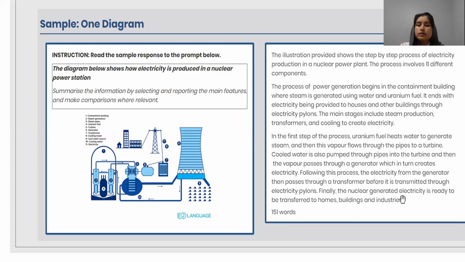Finally, the nuclear generated electricity is ready to be transferred to homes, buildings, and industries. So it very shortly says what happens in here, and the total number of words is 151 words, and here is how we talk about a diagram.